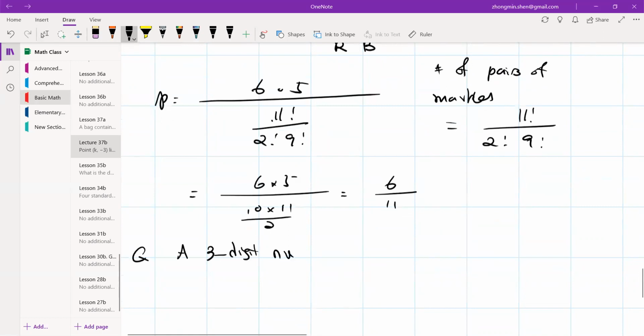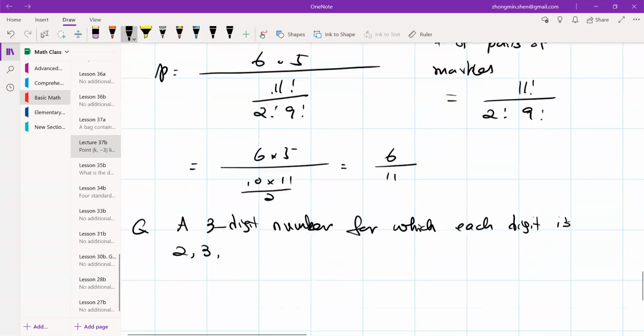A 3-digit number for which each digit is 2, 3, and 5.